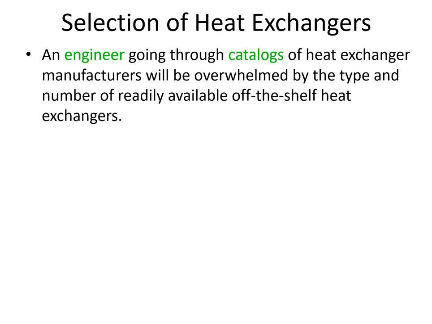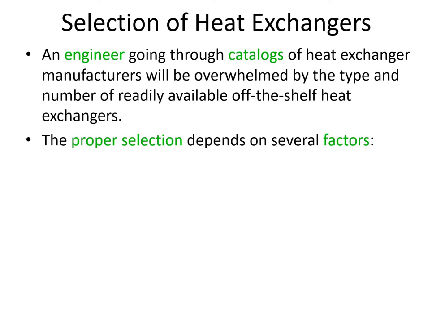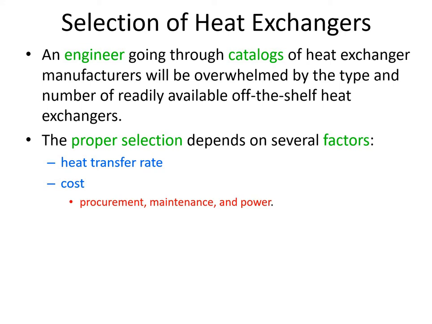Selection of heat exchangers. An engineer going through the catalog of a heat exchanger manufacturer will be overwhelmed by the type and number of readily available shell and tube heat exchangers. The proper selection depends on several factors. It doesn't just depend on the heat transfer rate. We also depend on the cost, for example procurement, maintenance, and power.